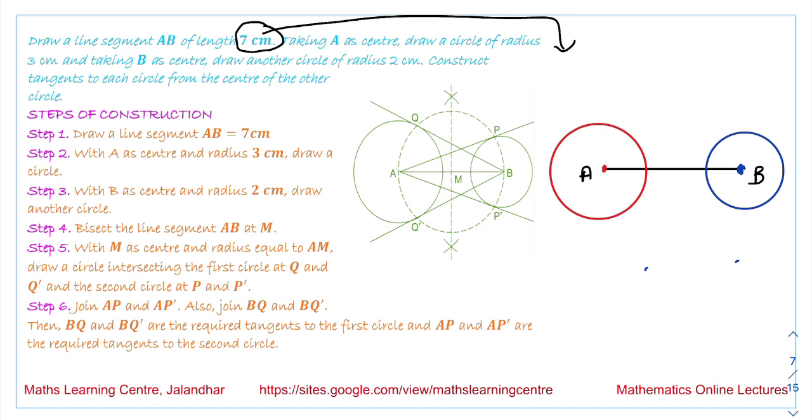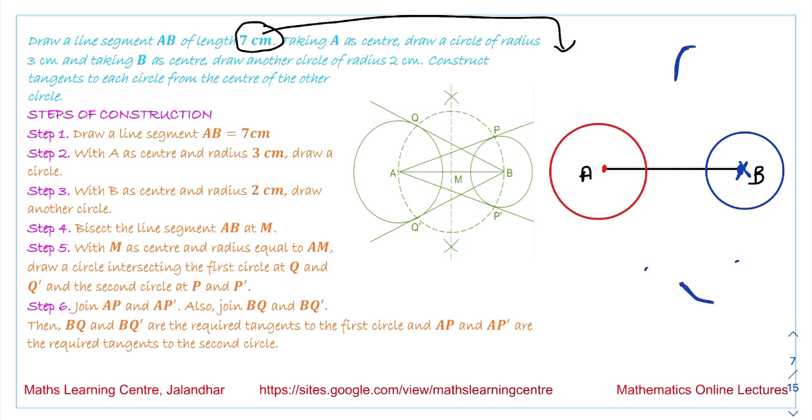Next, we have to construct the tangents to each circle from the center of the other circle. So first of all, we are drawing the perpendicular bisector of this line AB. We keep the compass at B and draw an arc over here.